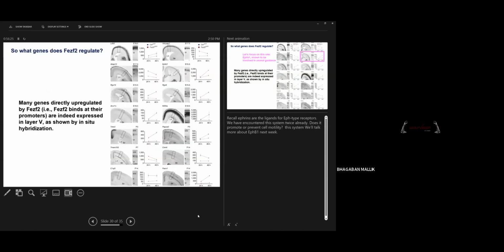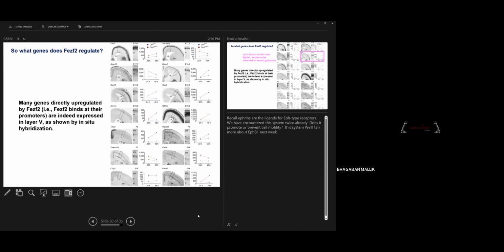So here it shows a variety of transcription factors; some are up-regulated, some are down-regulated because of the expression of FEZF2. Here you can see some of these transcription factors, like LDB2. These are the different types of transcription factors. You can see that after 24 hours, compared to the control, you have more expression of FEZF2.